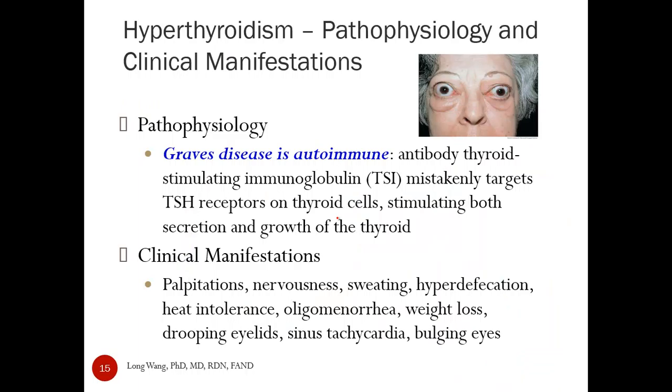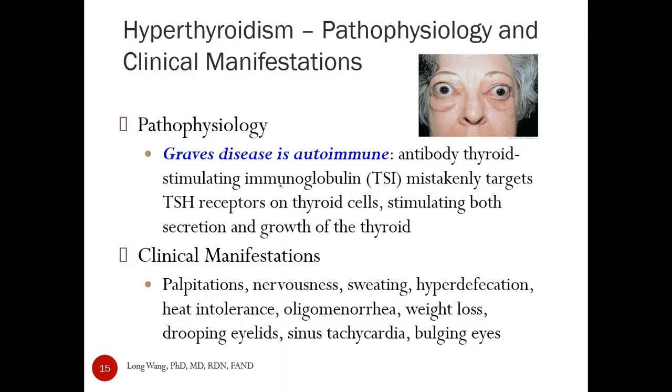We mentioned that Graves' disease is autoimmune. Patients with this condition will have in their circulation an antibody called thyroid stimulating immunoglobulin, TSI. So TSI mistakenly targets TSH receptors on thyroid cells. We know for thyroid cells to respond to TSH, they have to have a TSH receptor.